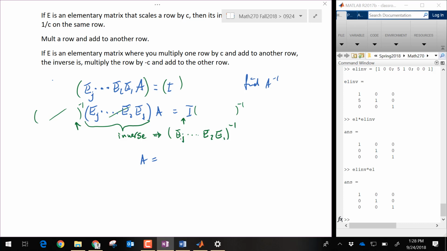Sorry. I just found A. I didn't find the inverse. Um, can't divide. I lost my train of thought. Sorry, guys.